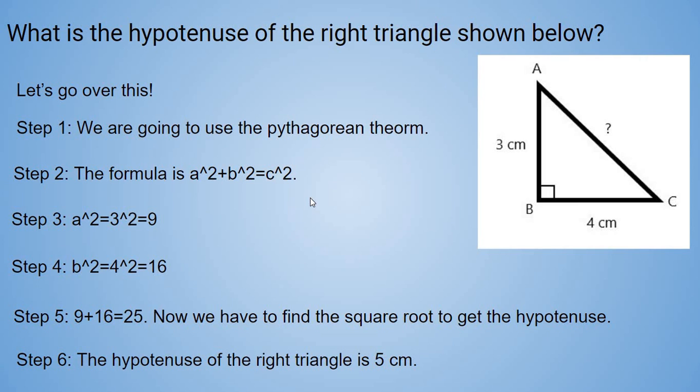But sometimes if you end up getting C squared as 2, well, 2 is really hard to find the square root of. So you can just write square root of 2. So that's all I would like to say for this one. Remember, you have to find the square root at the end to get the real hypotenuse.